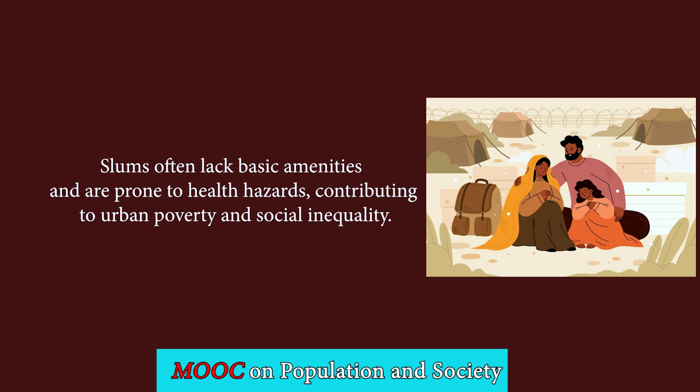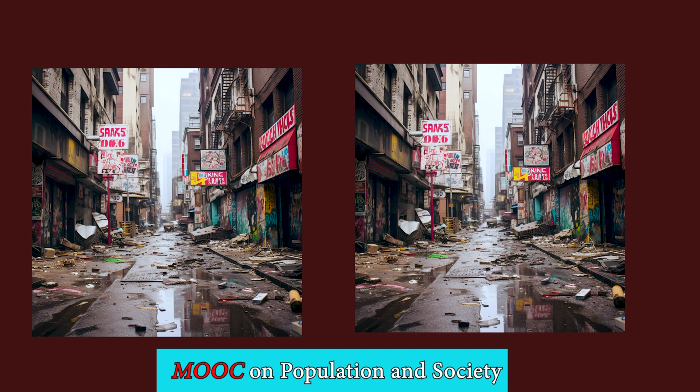These slums often lack basic amenities and are prone to health hazards, contributing to urban poverty and social inequality. So growth of urban poverty and slums is also a very negative consequence of the rapid rural outmigration or rapid urbanization that is taking place in our country.